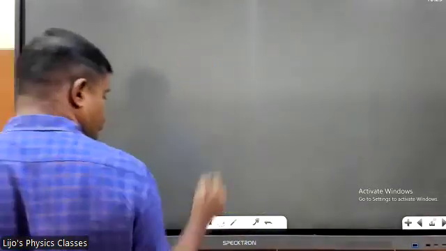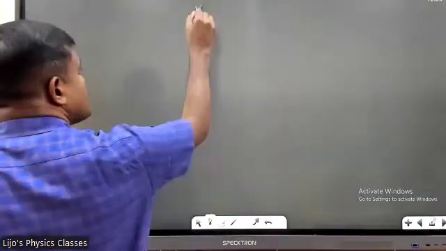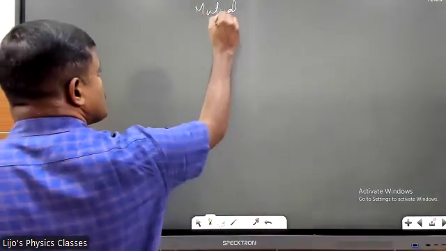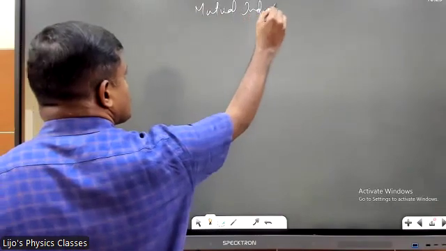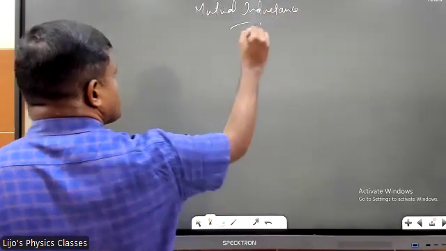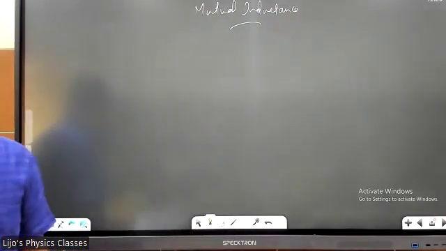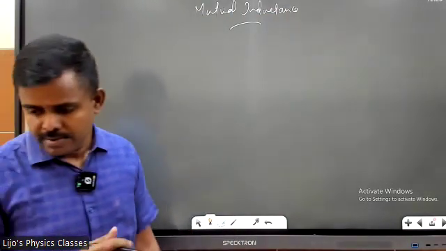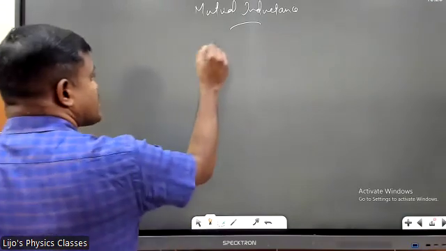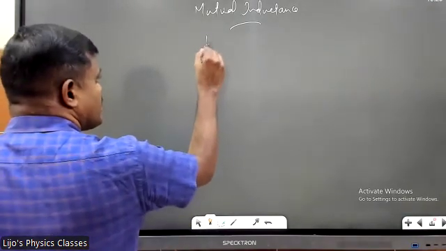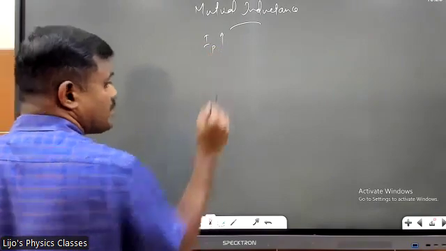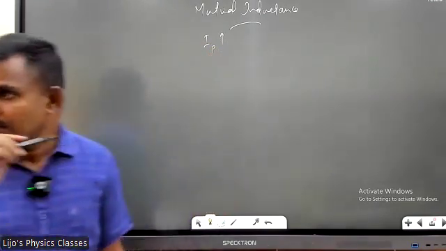Now write this, mutual inductance. The same way you can proceed. Tell me, Rajat, what are you going to write? Primary current increases. The unit for mutual inductance is also Henry.